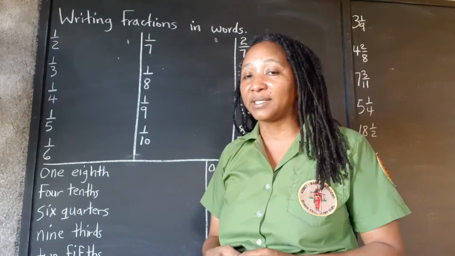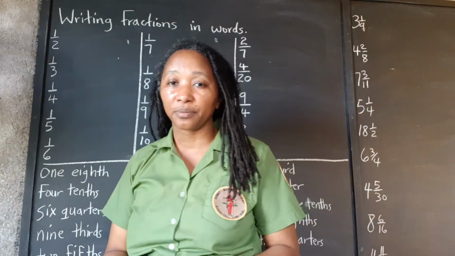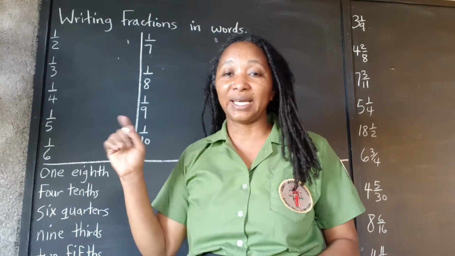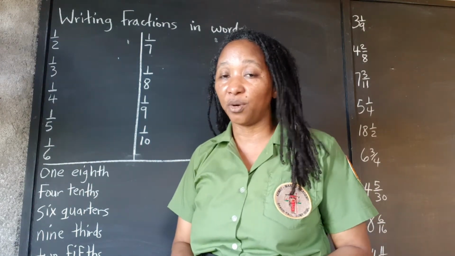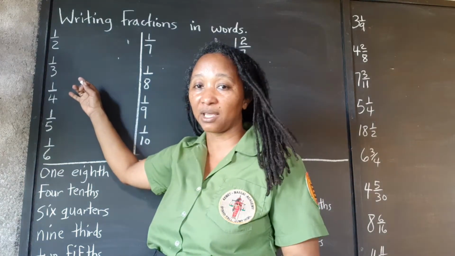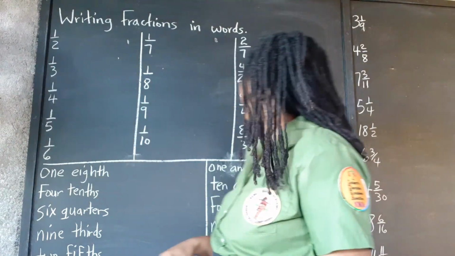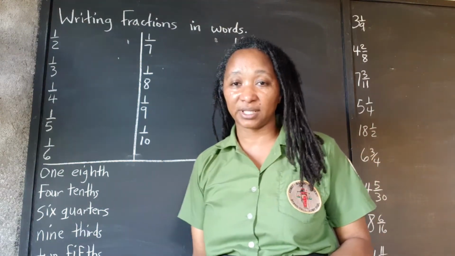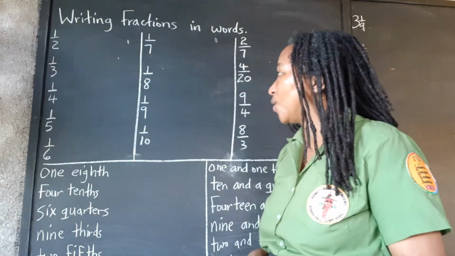If the numerator is bigger than 1, generally speaking, for the denominator we'd add an s to the ordinal number as well. So it's 1/4, singular quarter, but 3/4, three quarters. So bear that in mind.